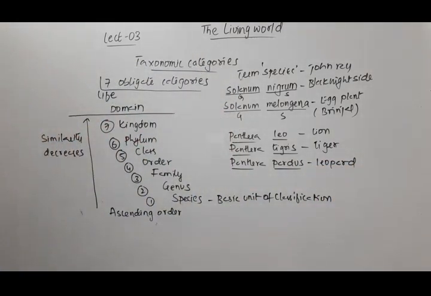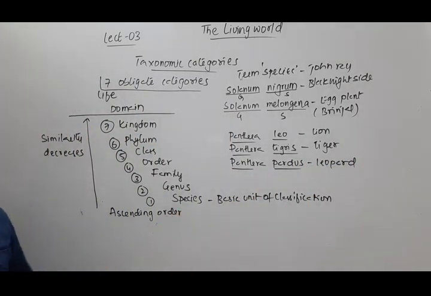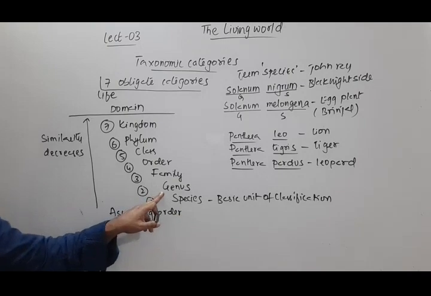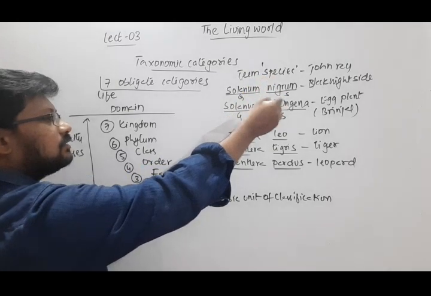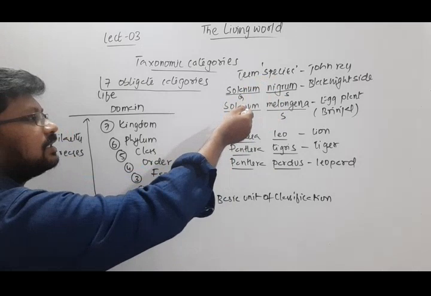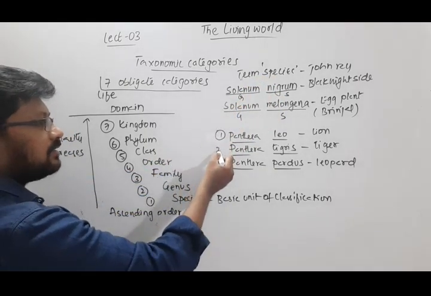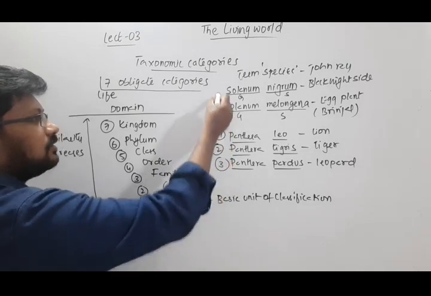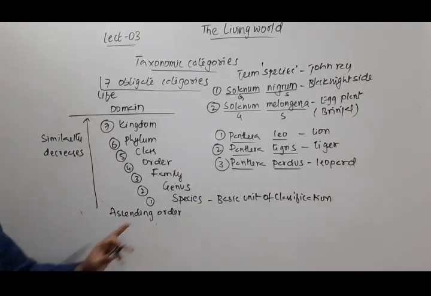So these are different species, very similar, kept under one common genus. These are all different animals, but they are closely related, hence they are kept under one common genus.